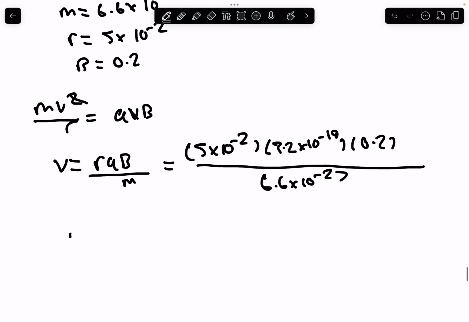The velocity here is approximately 4.8 times 10 to the 5 meters per second.